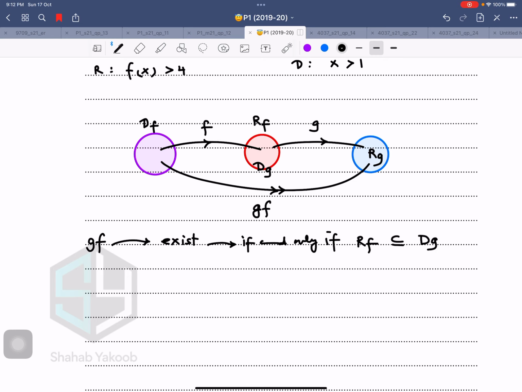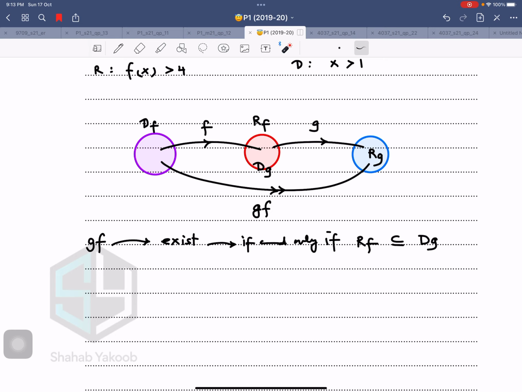Keep that in mind. Whatever you are getting out of f, that is the range. That complete thing could be the domain of g, or part of that could be the domain of g. That is why we have used the term subset. So range of f should be a subset of domain of g.